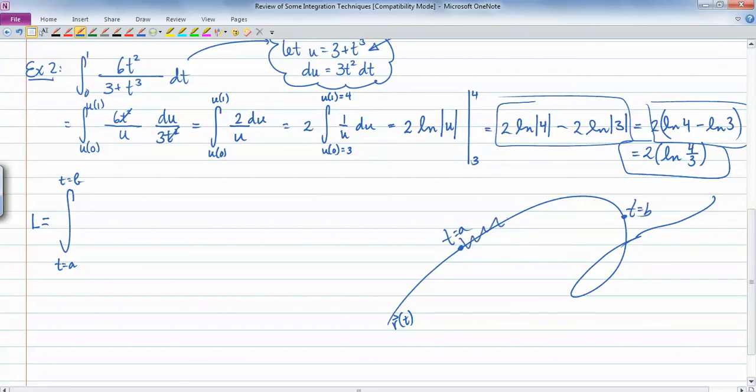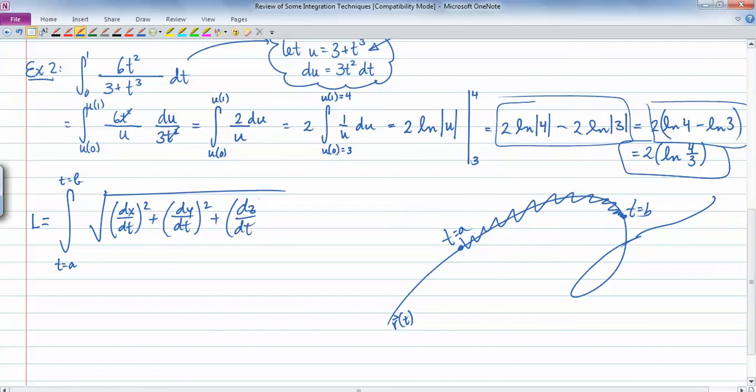So we're looking for how long this arc is. And we figured out in class that if r of t is 3-dimensional, then you really are just doing the square root of (dx/dt) squared plus (dy/dt) squared plus (dz/dt) squared, dt on the outside. That's in 3D. If it's 2D, you would just get rid of the z term.